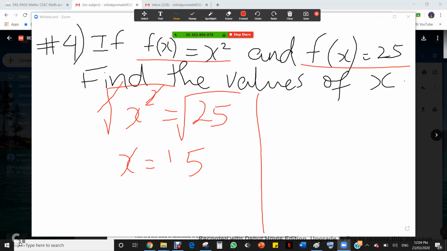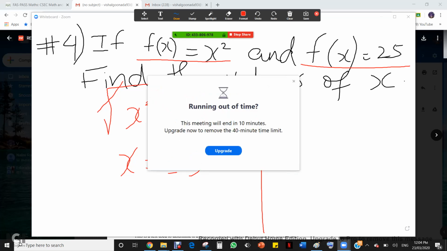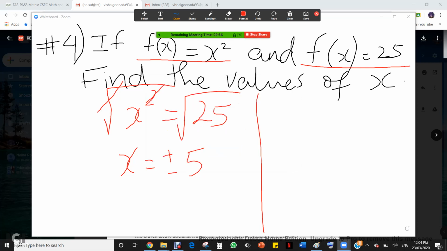It's either plus 5 or negative 5, because negative 5 multiplied by negative 5 will also give you 25, and positive 5 multiplied by positive 5 will also give you 25. So that's why it's plus or minus 5. So that means that x is equal to negative 5, or x is equal to positive 5.